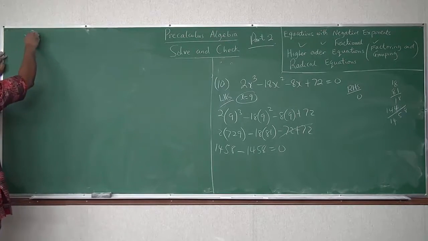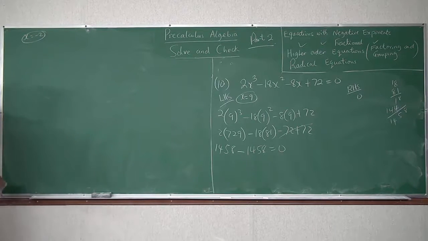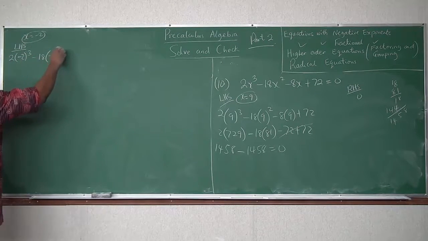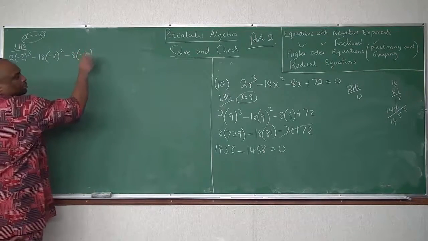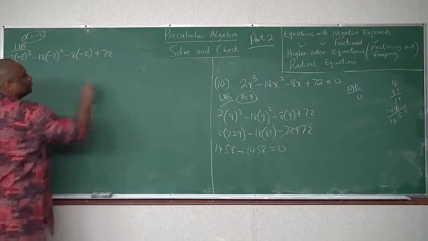X equal to negative 2. So left hand side we have 2 times negative 2 all cubed minus 18 times negative 2 all squared minus 8 times negative 2 plus 72.